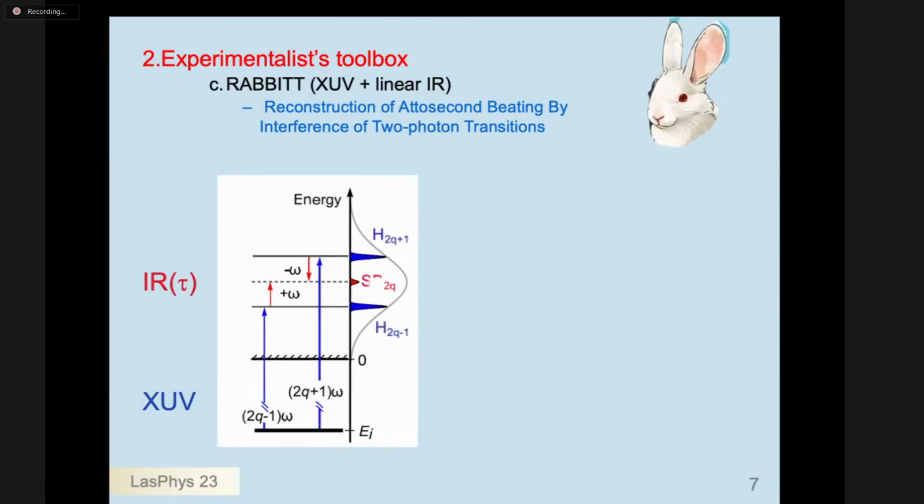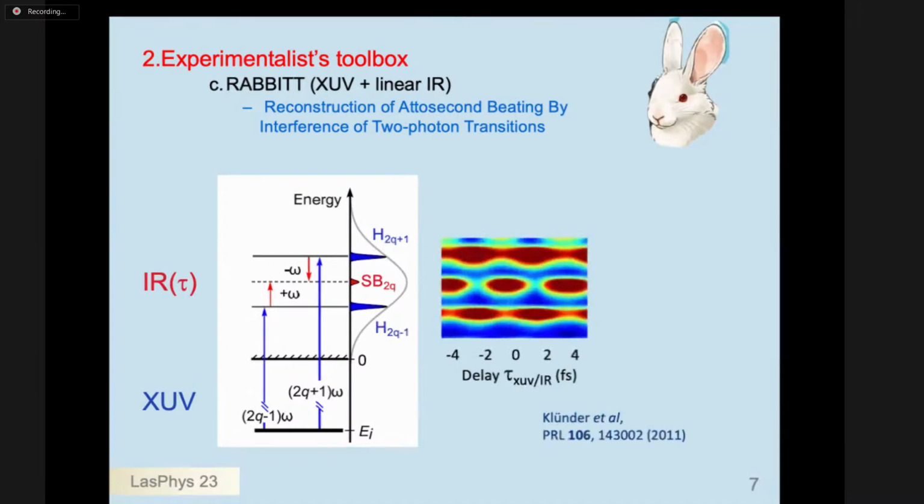And because there are two different quantum pathways leading to essentially the same final state, these quantum paths interfere, and the phase of this interference depends on the Wigner phase.